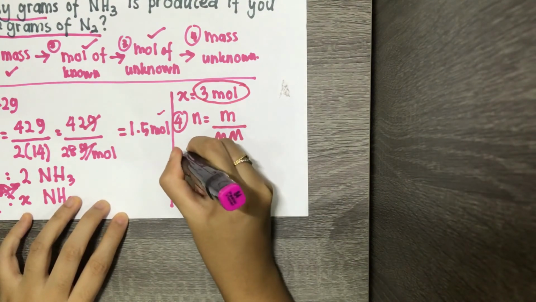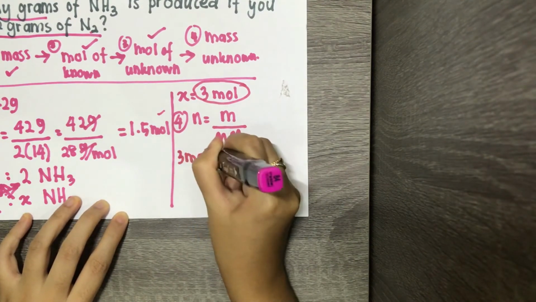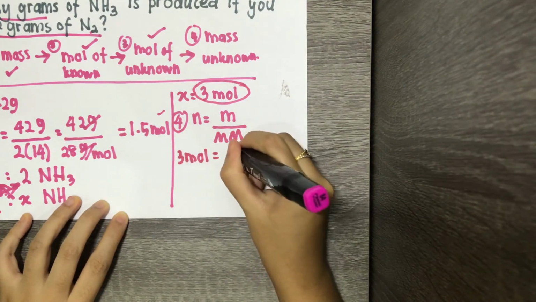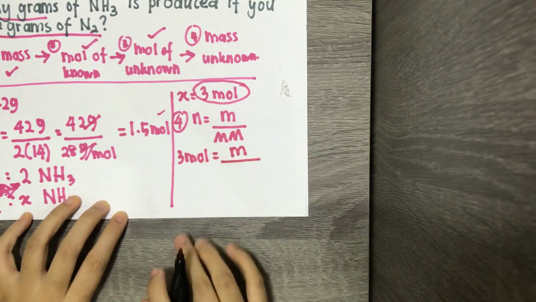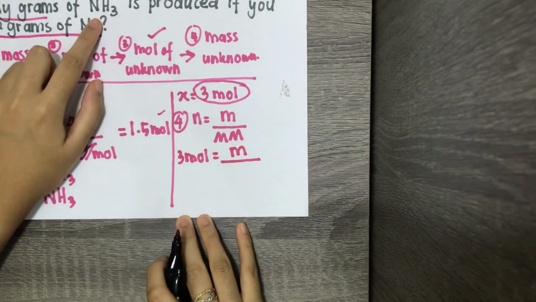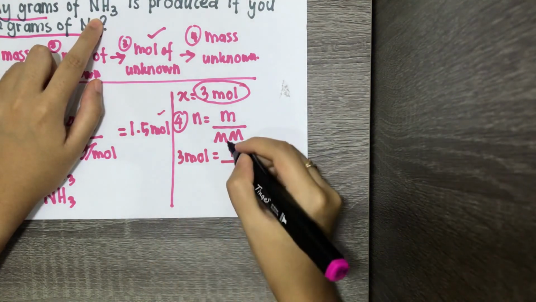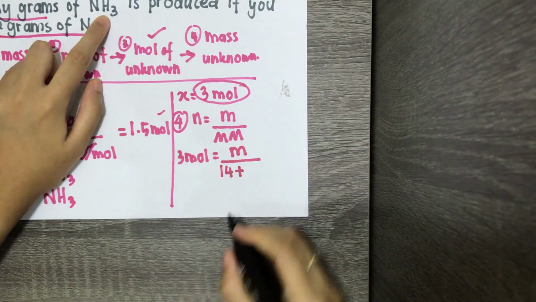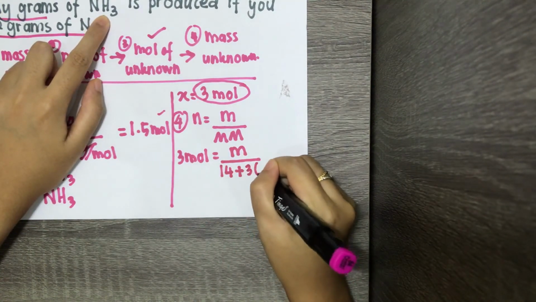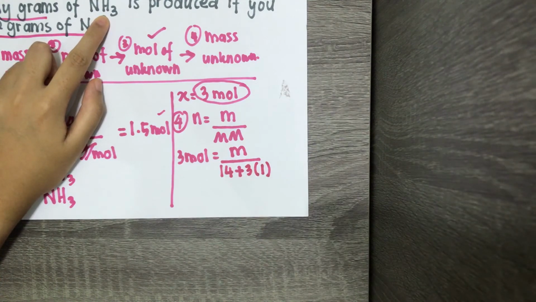So tulis 3 mole equals to M, adalah yang kita nak cari, over NH3. N adalah 14 plus 3 darab 1.